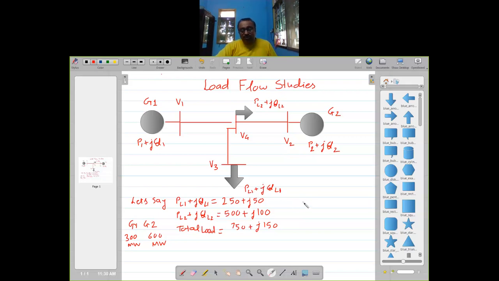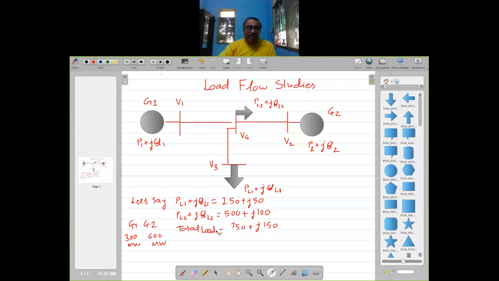Now I pose a question to you: what if, instead of 300 megawatt, the generation of G1 was just 150 megawatt? Would it have been okay? Now you can see that the total load here is 750 megawatt plus j150.